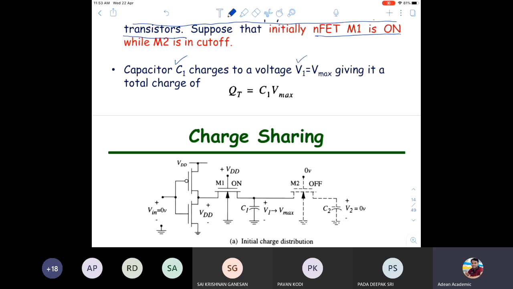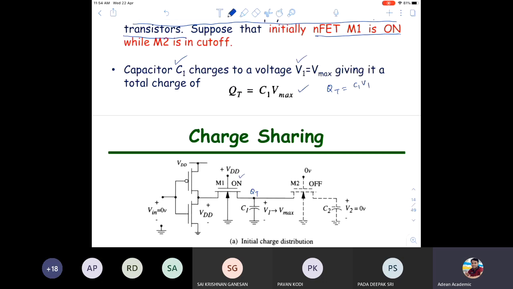What is the total charge stored in this capacitor when this transistor is on? Charge is nothing but C1 into V1, but V1 is Vmax. That means QT is equal to C1 into V1, and V1 is equal to Vmax.